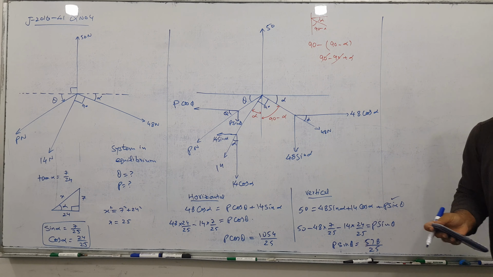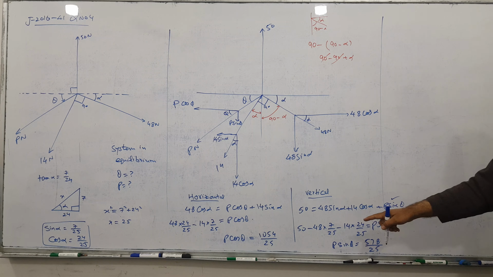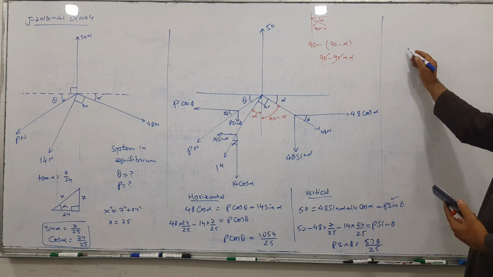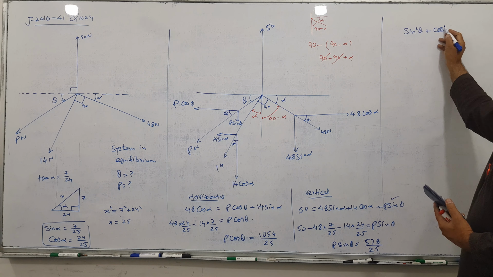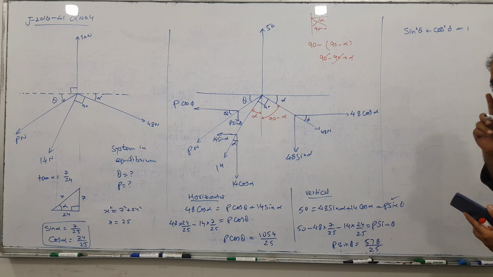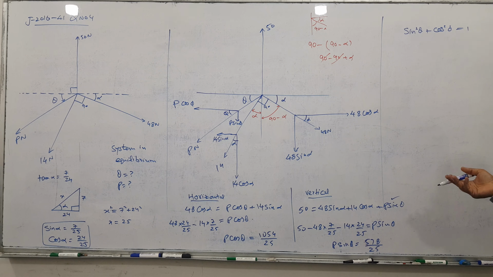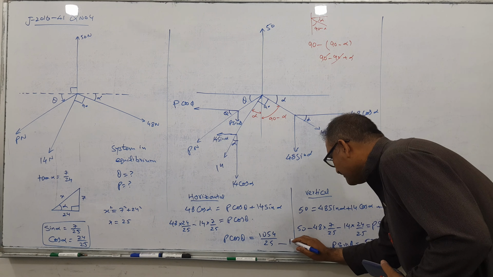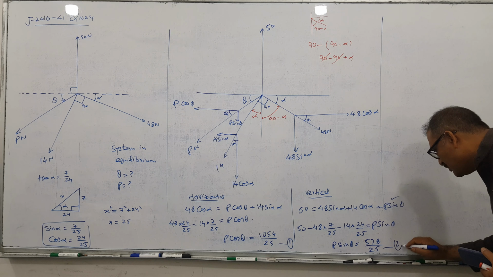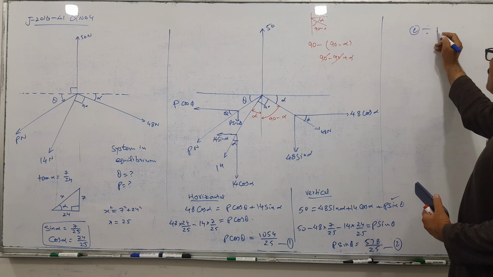So I got both values. Now my question is, what is sine square plus cos square? It is always 1, you know it. But I think if I divide, I can get the answer. Better to divide. How? This is equation 1, this is equation 2, and I divide equation 2 by equation 1. What is the benefit?